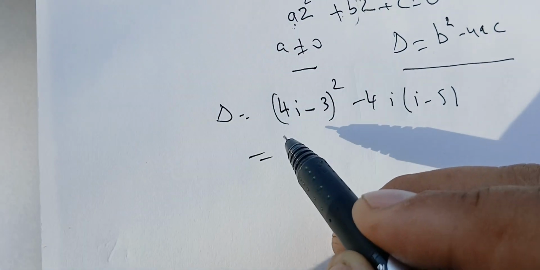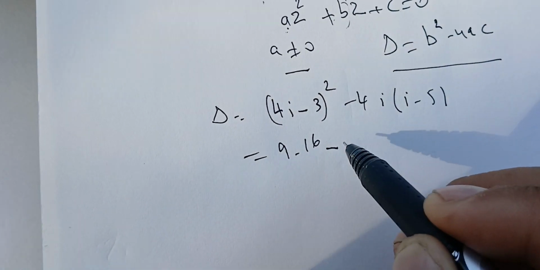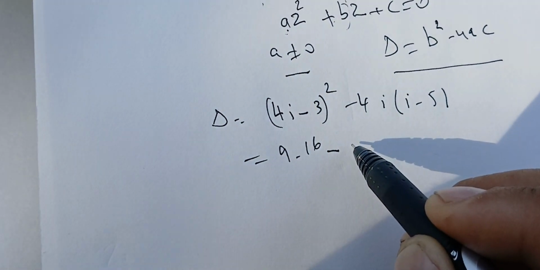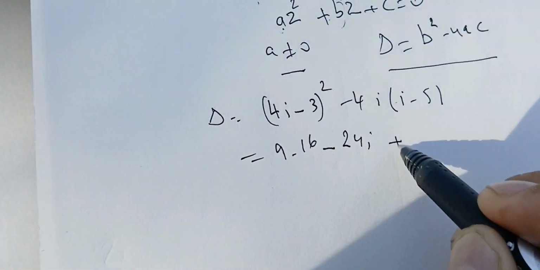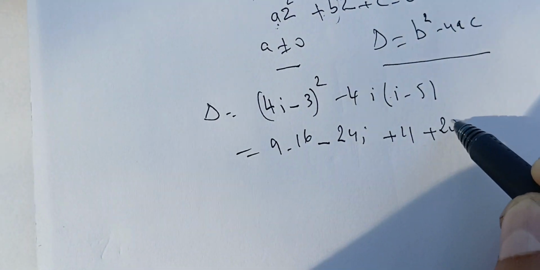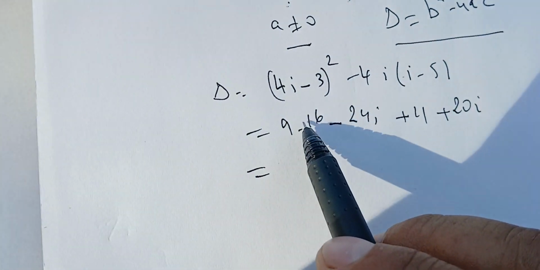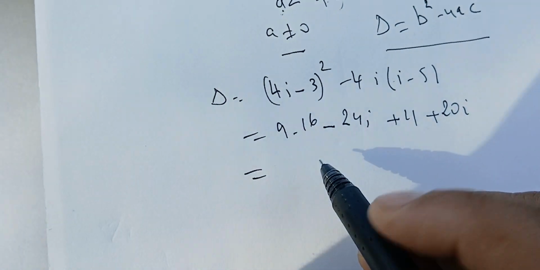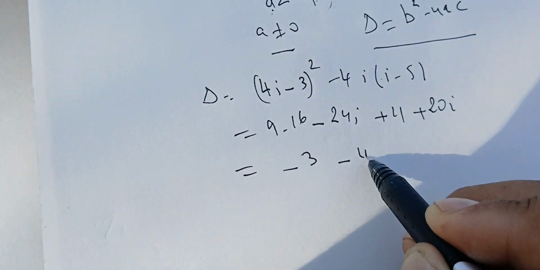So here we have 9 minus 16 minus 2 times 3 times 4i minus 4i times i, which is 4, plus 20i. So we have 9 minus 16 plus 4, that's minus 3, minus 4i.